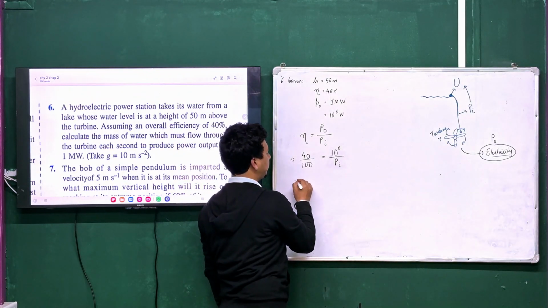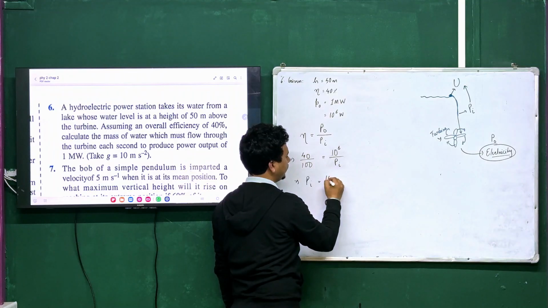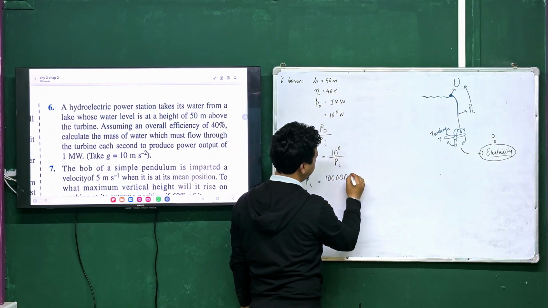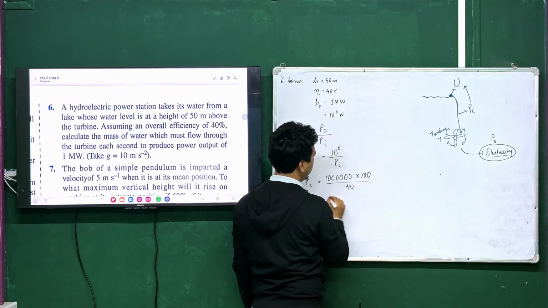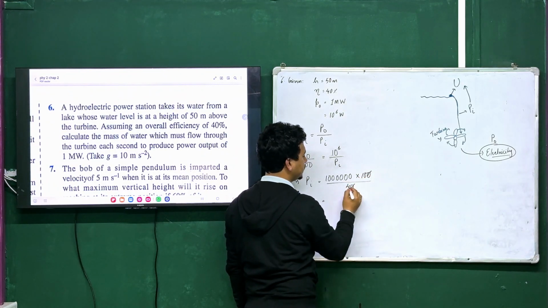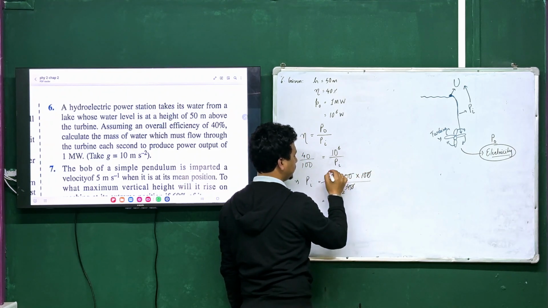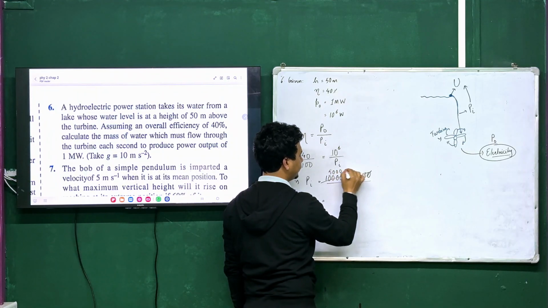Now if you cross multiply, power input will be, let me write this in the expanded form, 1, 2, 3, 4, 5, 6 into 100 divided by 40. And we can cancel this, 2, cancel this, 5, 1, 2, 3, 4, 5.